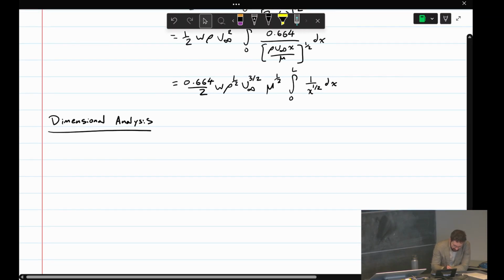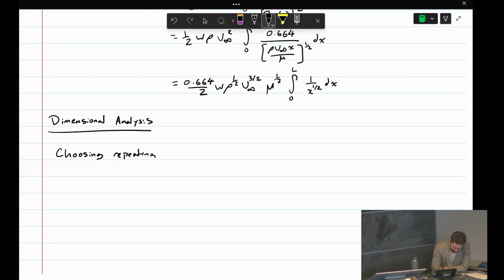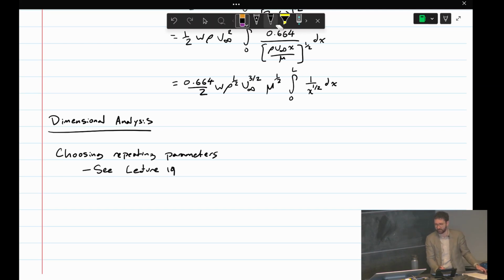Okay. So for choosing the repeating parameters, which again is the hard part, often with Buckingham pi, make sure you see the lecture 19 notes. I've given very clear general rules of what you can use there.